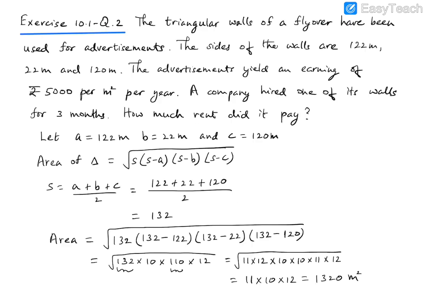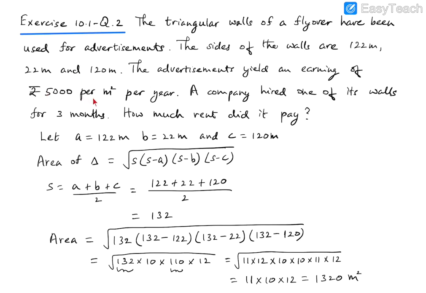So we were asked to find how much rent the company would pay to hire the wall for advertisement for 3 months. So we first calculated the total area of the wall. From the total area of the wall, we calculated the total cost of advertising for a year by multiplying the area by the cost per square meter, which is 5,000.